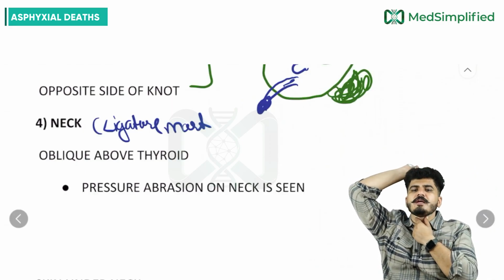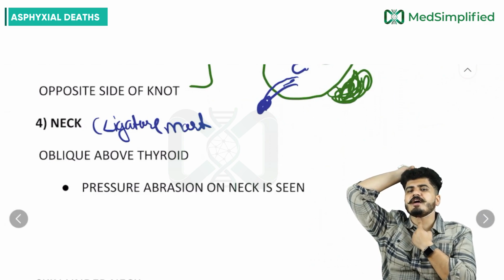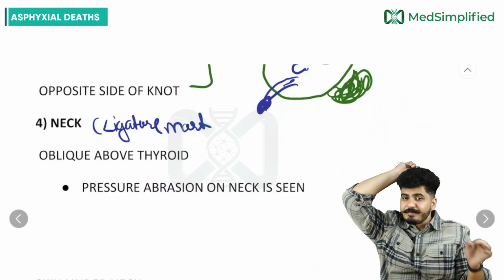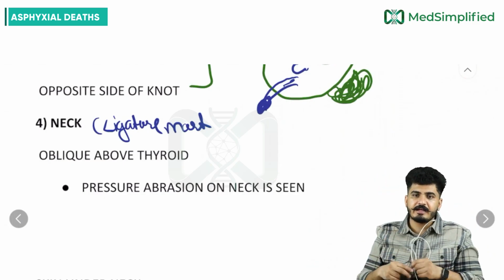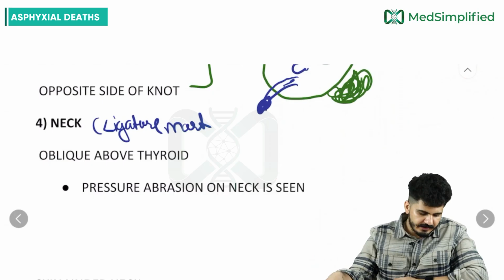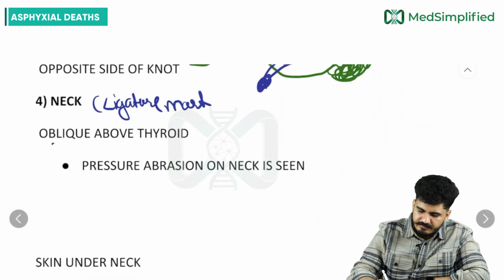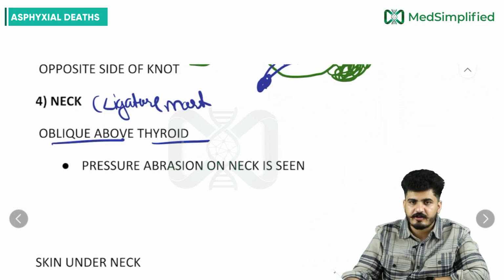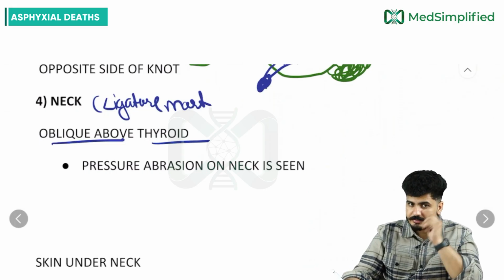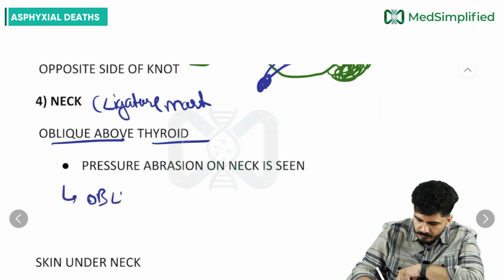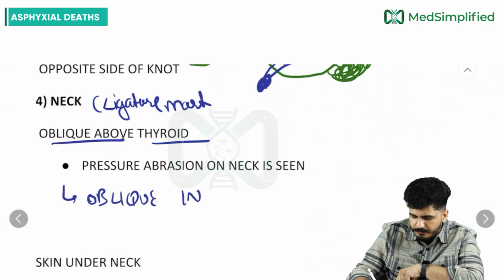There will be an oblique mark above the thyroid, and an incomplete oblique mark will be there. So you will see pressure abrasion on the neck, which is above the thyroid level. Pressure abrasion is seen, and it is oblique and incomplete. We'll write oblique, incomplete.